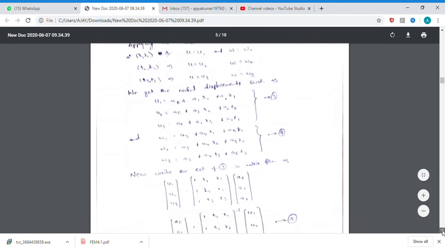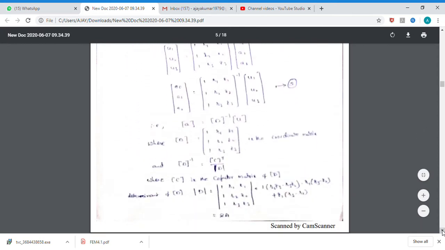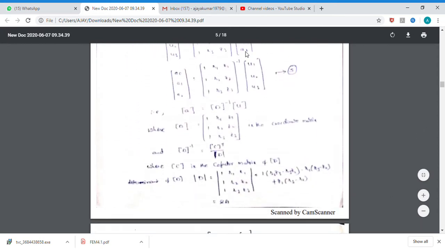For easy purposes only I wrote in the form of a matrix. Next, a0, a1, a2 is equal to, bringing this term to this side, a 3 by 3 matrix inverse times u1, u2, u3. That is simply, I write, the A matrix is equal to D inverse times U.